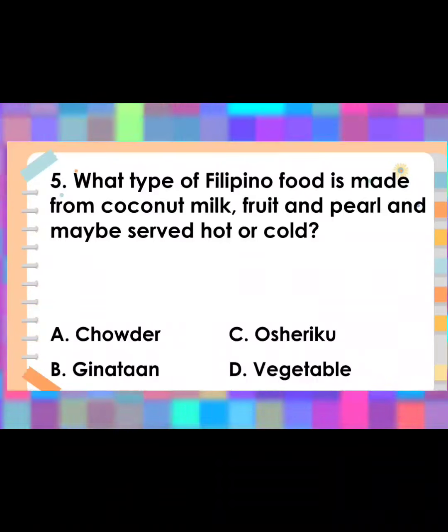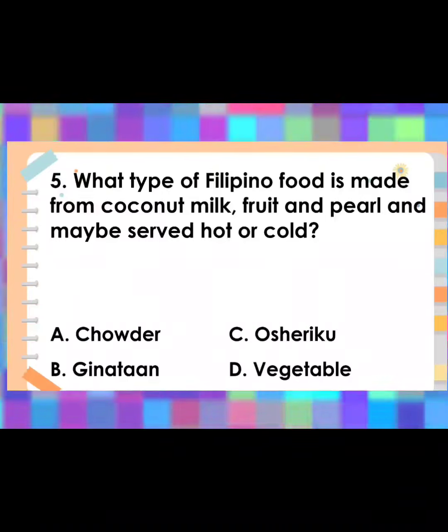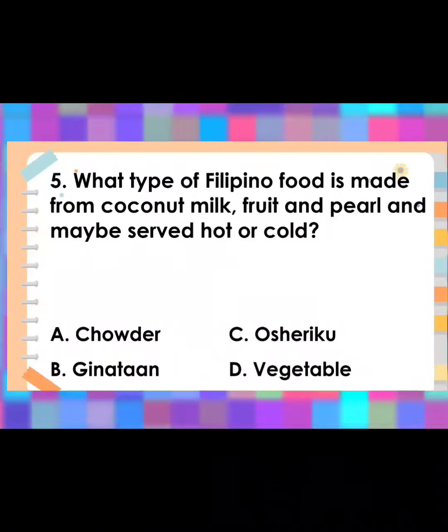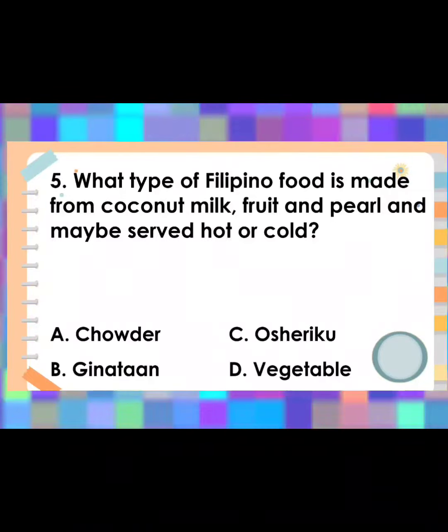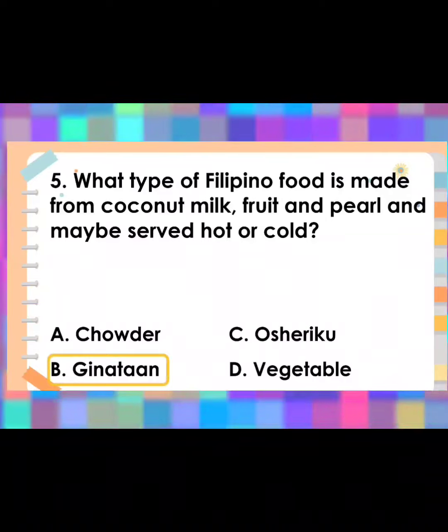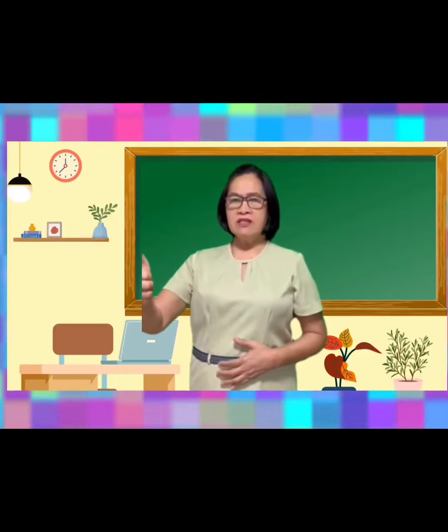What type of Filipino food is made from coconut milk, fruit, and pearl and may be served hot or cold? A. Chowder, B. Ginataan, C. Osheriku, and D. Vegetable. The correct answer is letter B. Ginataan. Good job, students!